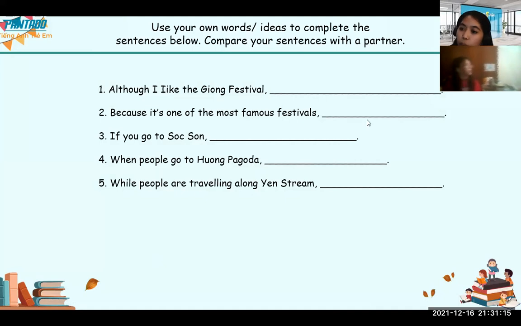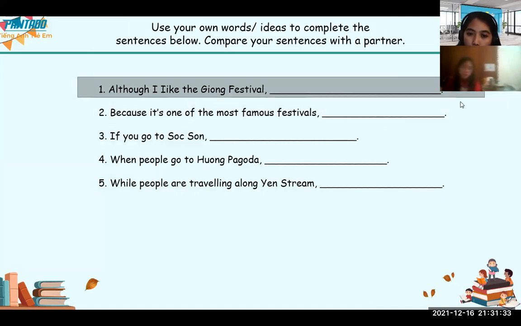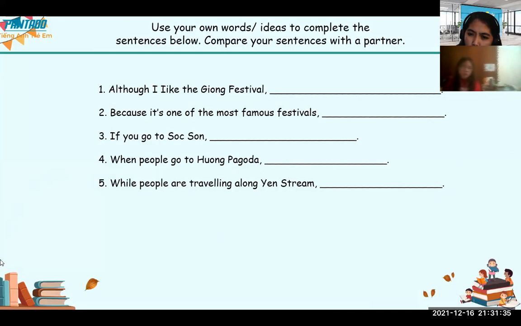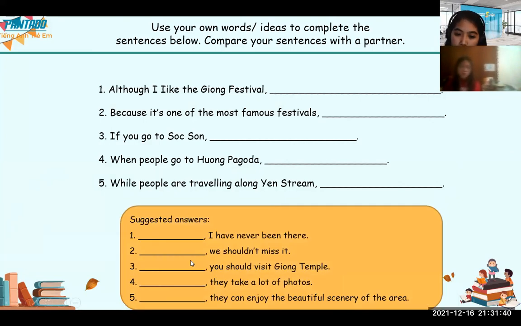So here you're going to use your own words or ideas to complete the sentences below. So you're going to compare your sentences with teacher. Okay, so for example, in number 1, although I like the Giong festival, we have this one. Okay, so these are the suggested answers.